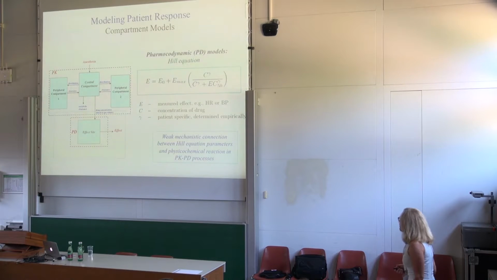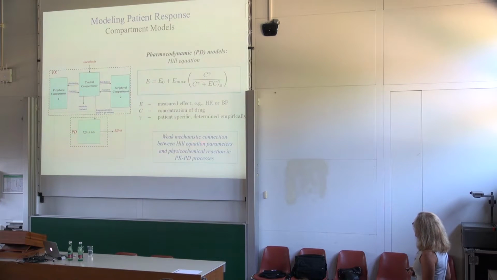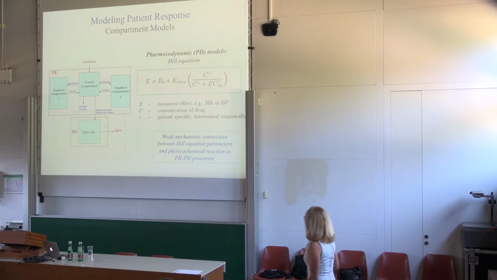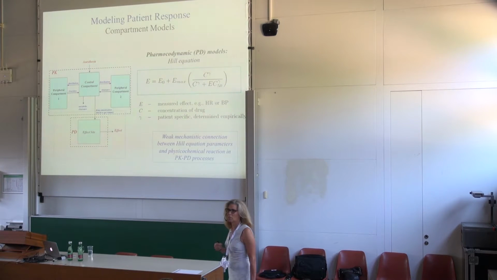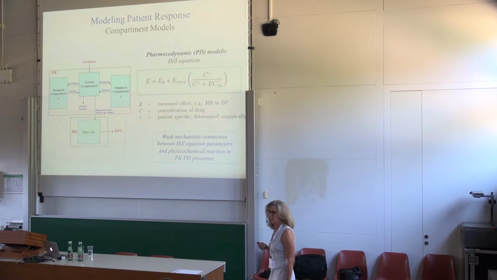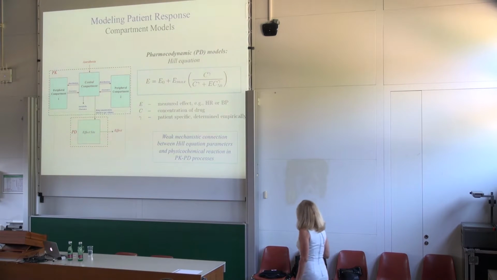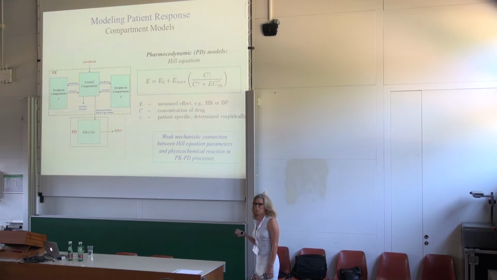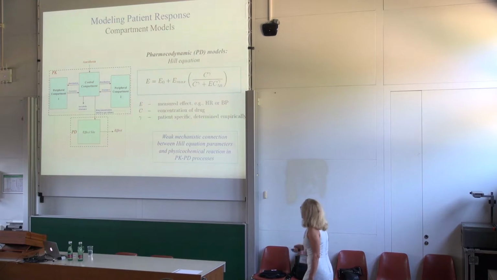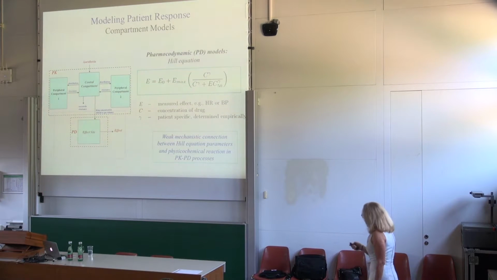But in fact, there's a fairly weak connection between the Hill equation and the physicochemical reaction that occurs in pharmacokinetic, pharmacodynamic processes. The Hill equation is really useful for physicochemical equilibrium reactions, which is not actually what a PK/PD process is. So these are also empirically derived.